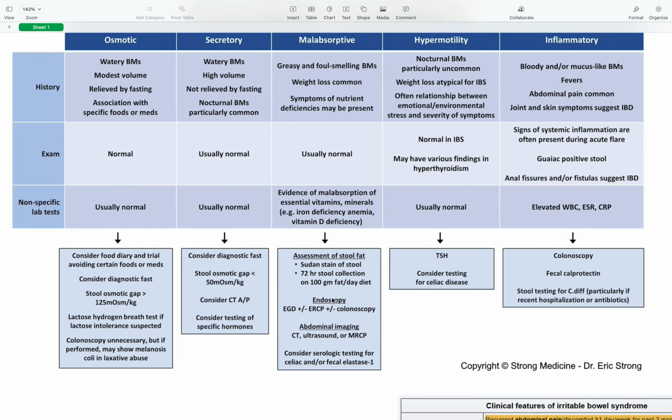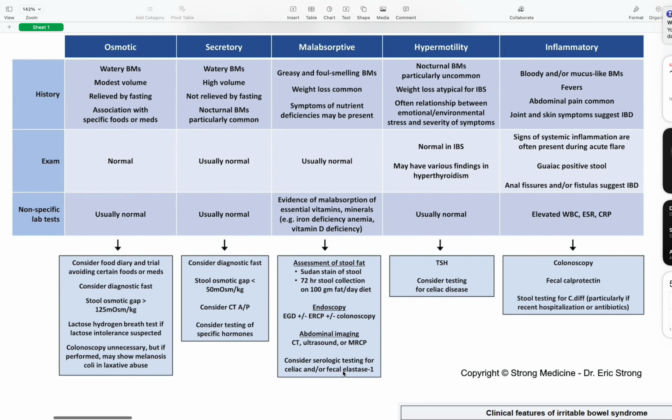Okay, and you may or may not do endoscopic tests, depending on the diagnosis. Additionally, abdominal imaging is sometimes needed. And as I said, you need to do certain serologic testing for celiac and chronic pancreatitis. We will talk about the malabsorptive syndromes in detail in another topic.